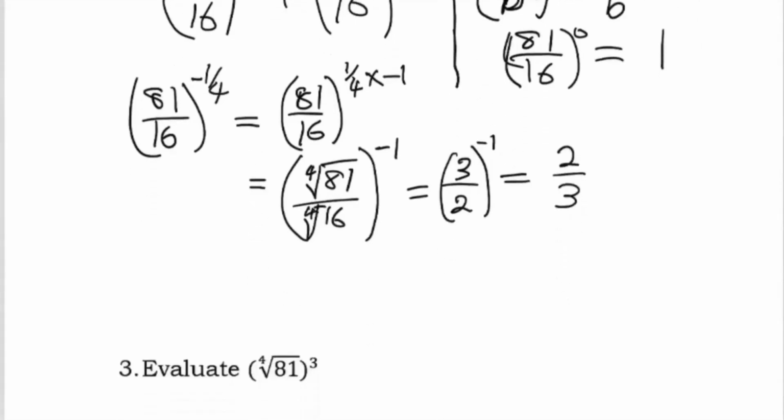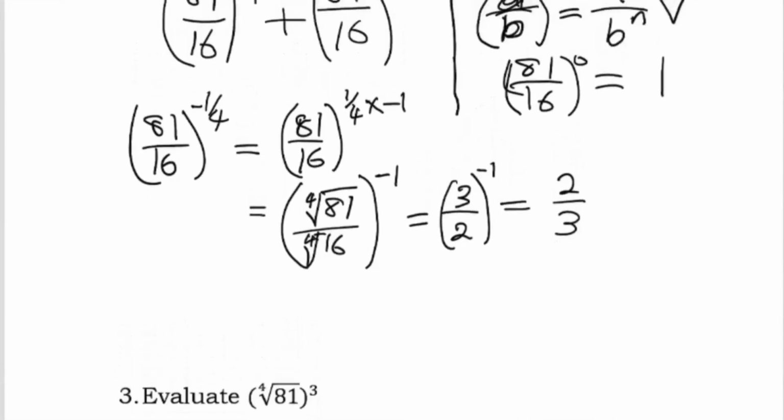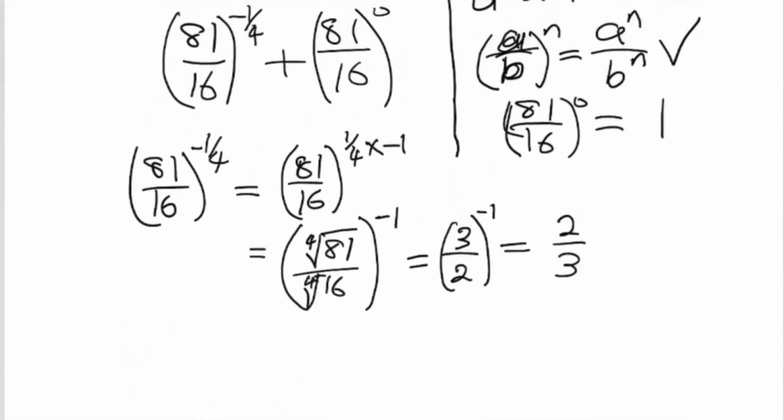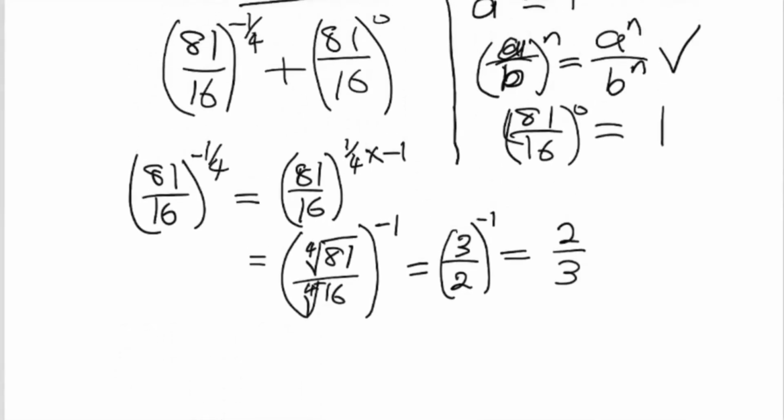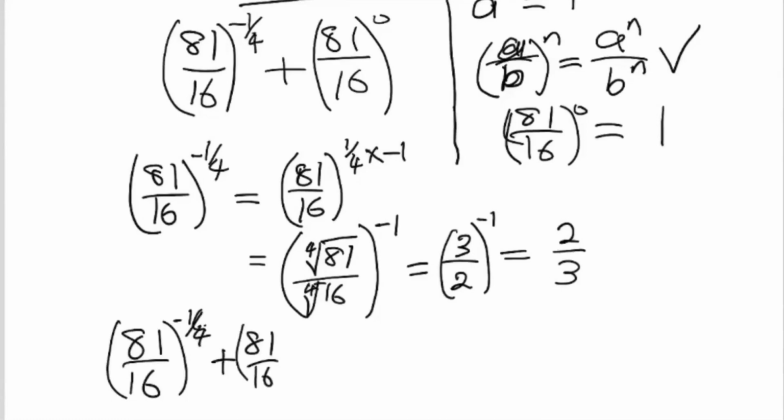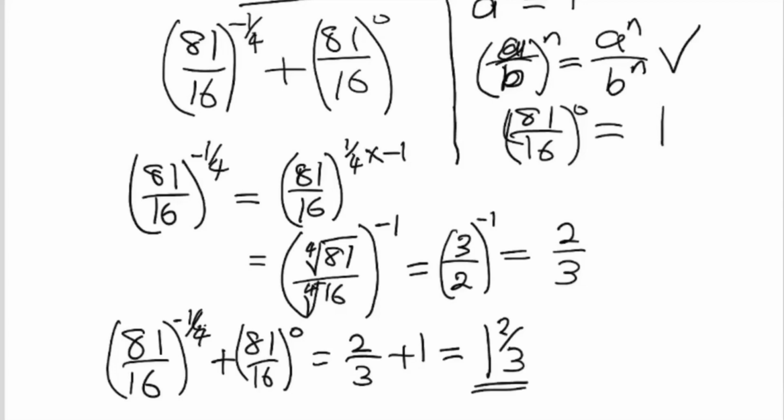Okay. Now, with that, we can say 81 over 16 raised to the power negative 1 over 4 plus 81 over 16 raised to the power 0 is the same as 2 over 3 plus 1, which is equal to 1 2/3.